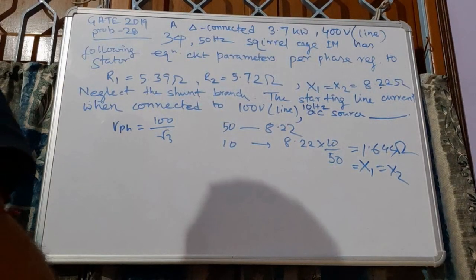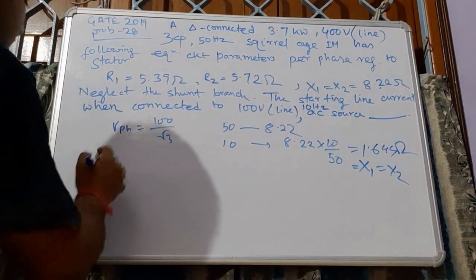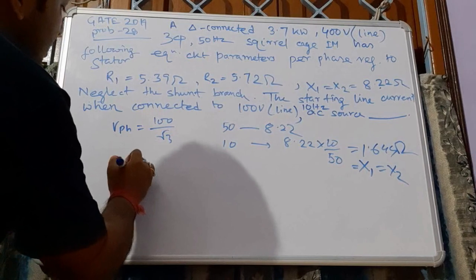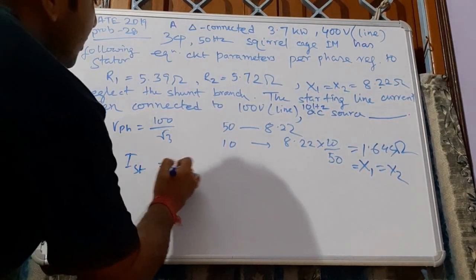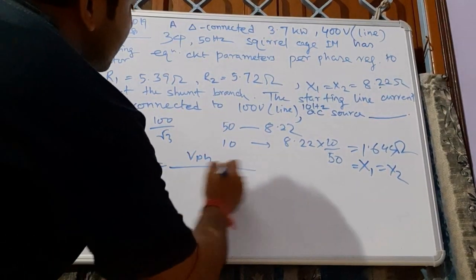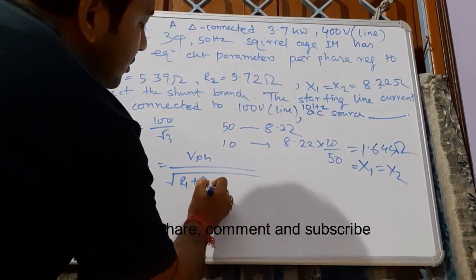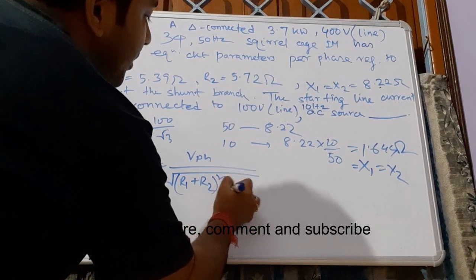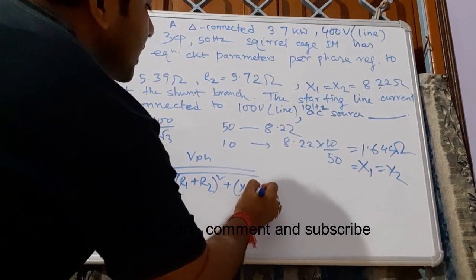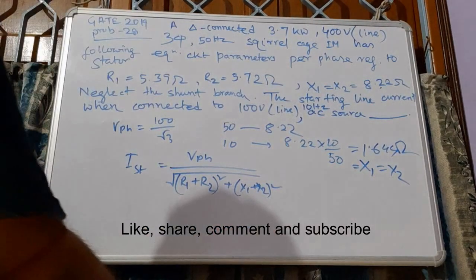Right? Now we can recall from the previous tutorial, I_st equals V phase divided by the square root of (R1 plus R2) square plus (X1 plus X2) square, right?